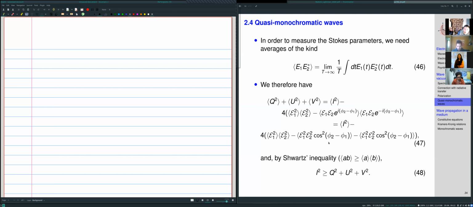Now, notice something interesting here. The modulus of each component of the electric field, let's call this epsilon 1, epsilon 2, are statistically independent.